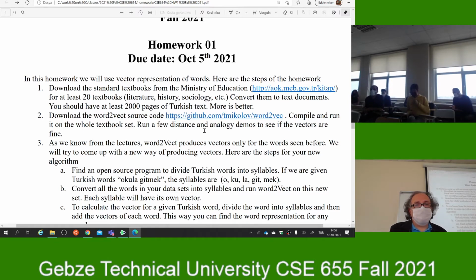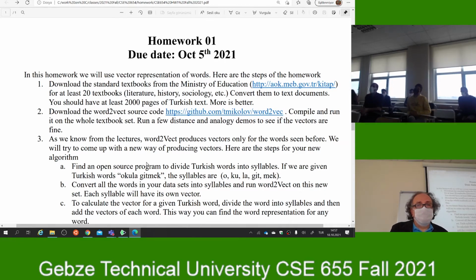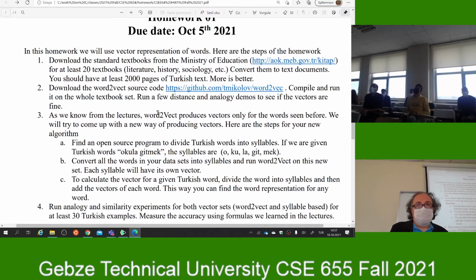Compile and run it. It's C code, a very simple code, maybe 1,000 lines. Okay, and there is a code for running the analogy and similarity test in that program. You say give me the similar words to this one, and it gives you the words. Or you run the analogy example again.